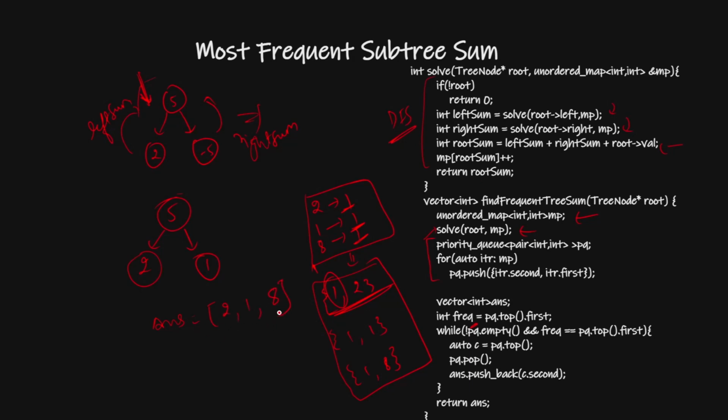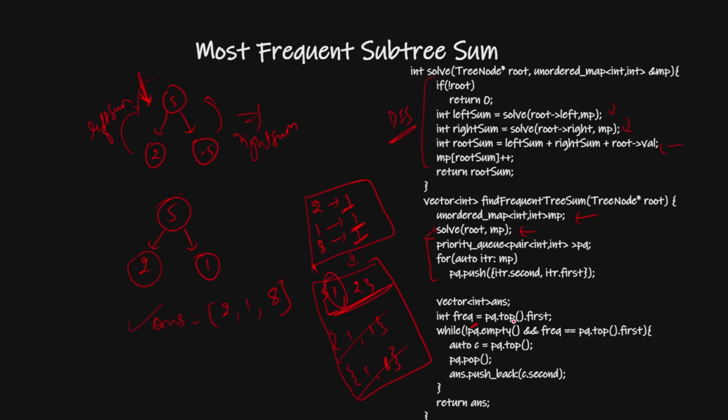Once I have done this, the queue is empty. If it is empty or its frequency is less than my current frequency, I will not pop other elements. Once this condition fails, I will return my answer.